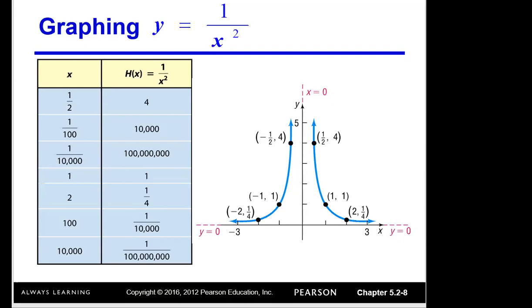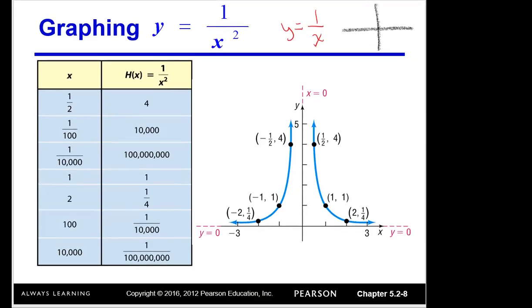Now, just to refresh your memory, we did a graph of y equals 1 over x to the first power. And when we graphed it, it looks something like this, where part of it was in quadrant 1, and then its mirror reflection was down in quadrant 3.